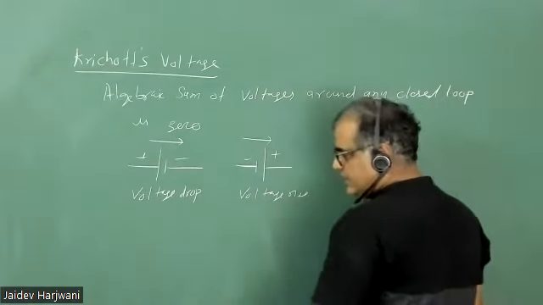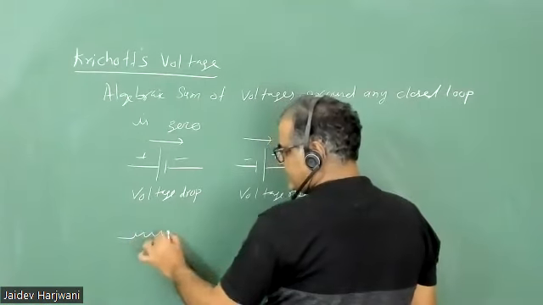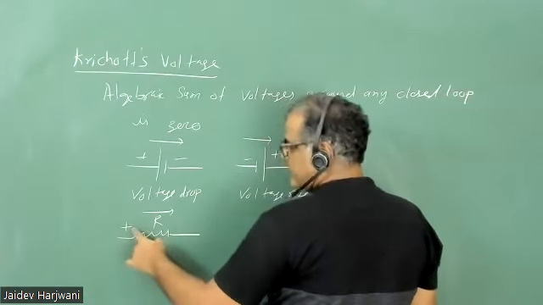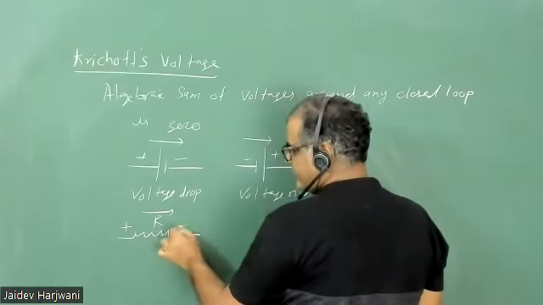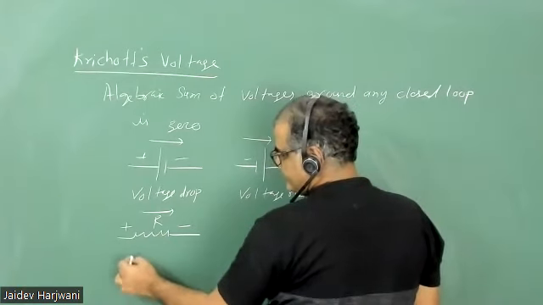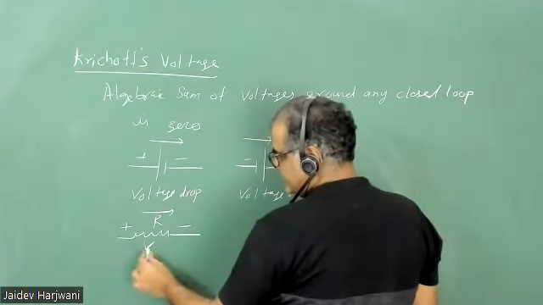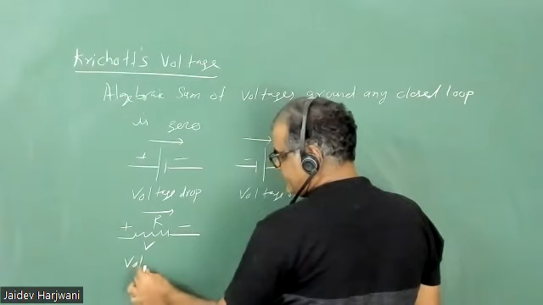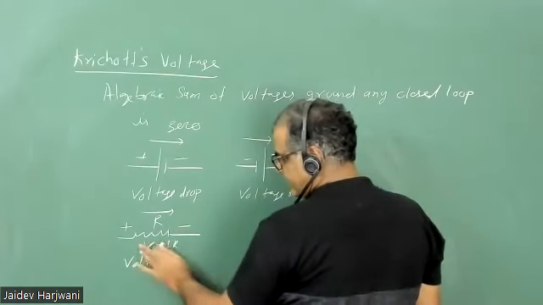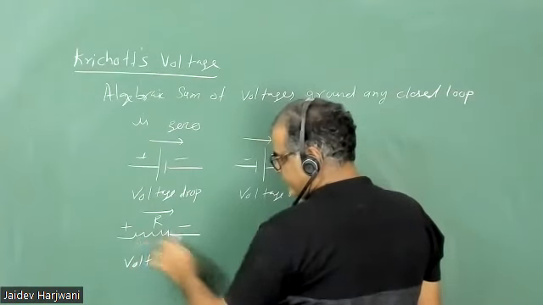Similarly, in the resistance, if I am moving in the direction of current, so current always moves from higher potential to lower potential, so this V will be your voltage drop. V equals IR, that is your voltage drop.